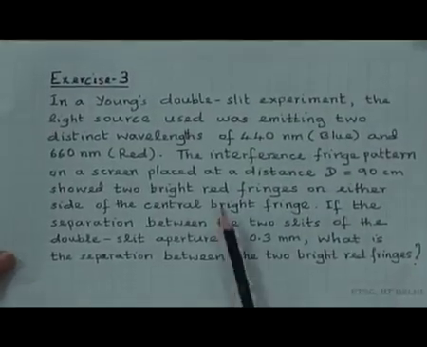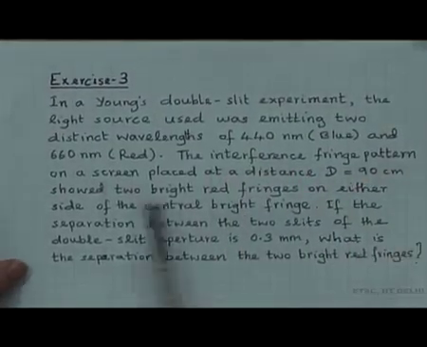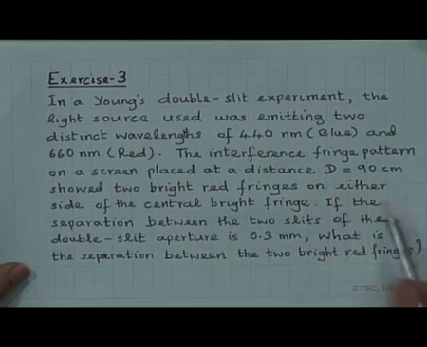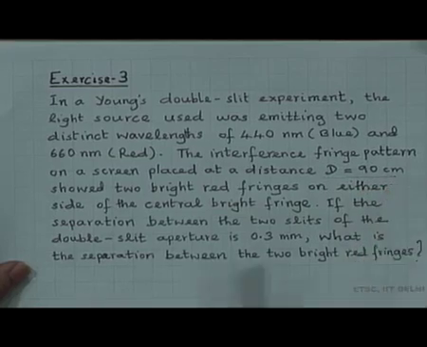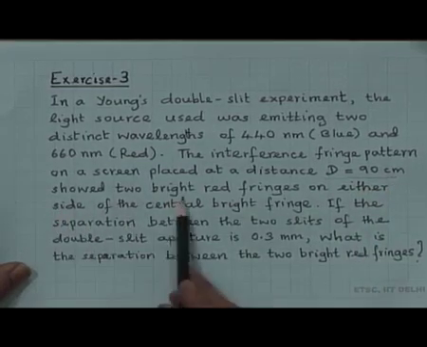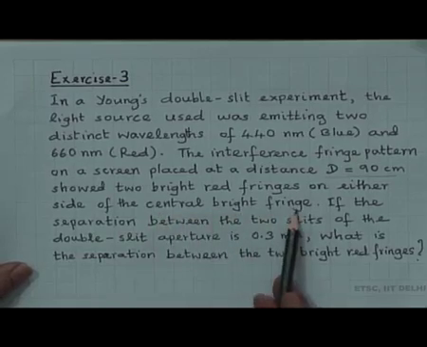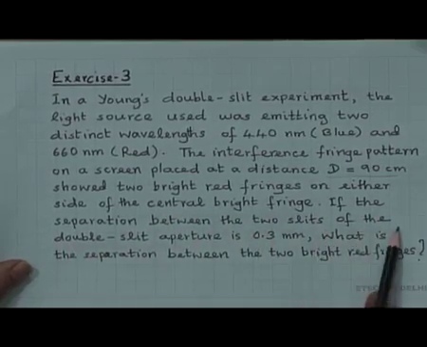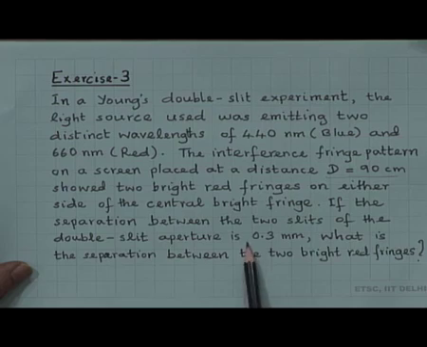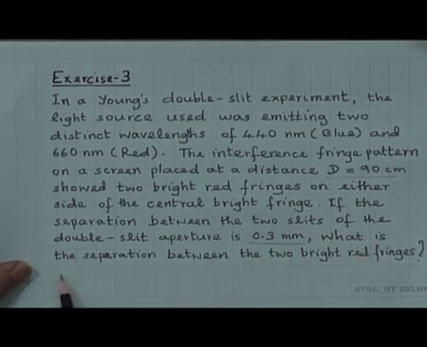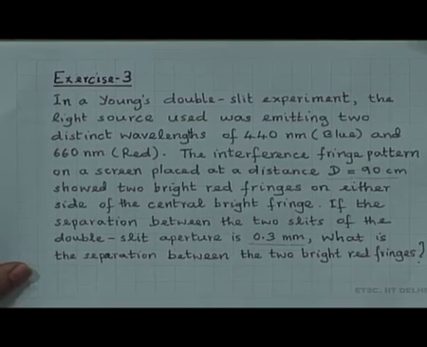So, let us look back at the problem here now. The interference fringe pattern on a screen placed at a distance D equal to 90 centimeters showed two bright red fringes on either side of the central bright fringe. If the separation between the two slits of the double slit is 0.3 mm, that is small d is 0.3 mm, what is the separation between the bright fringes?